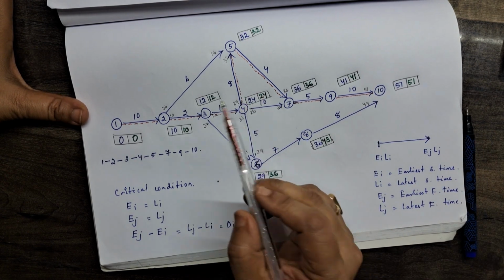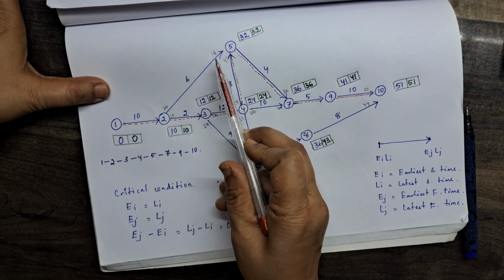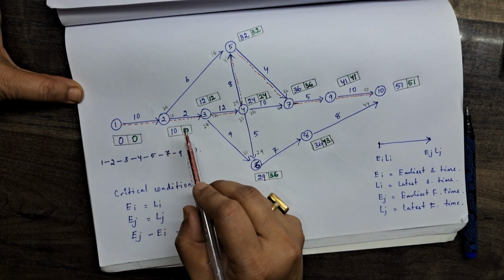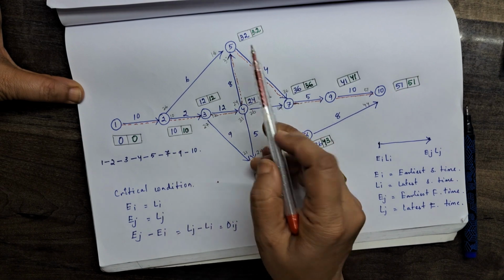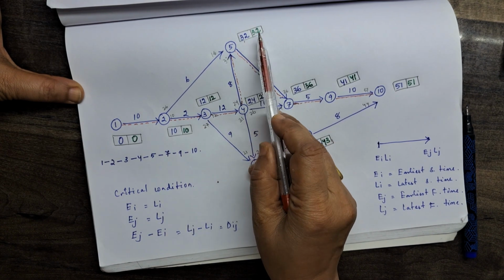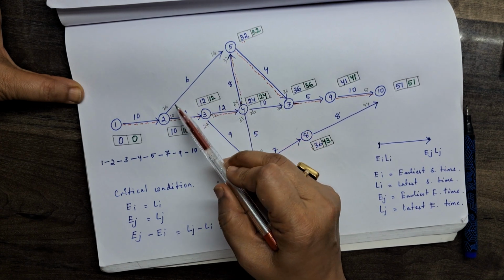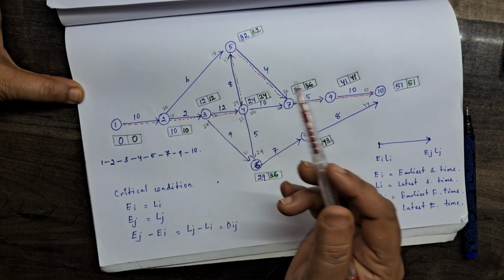Another question will arise here. Why are we not considering this one as the critical path? If you see this node 2, both the timings are 10 and 10. Here also the timing is the same, 32, 32. Why are we not considering this one as a critical activity?